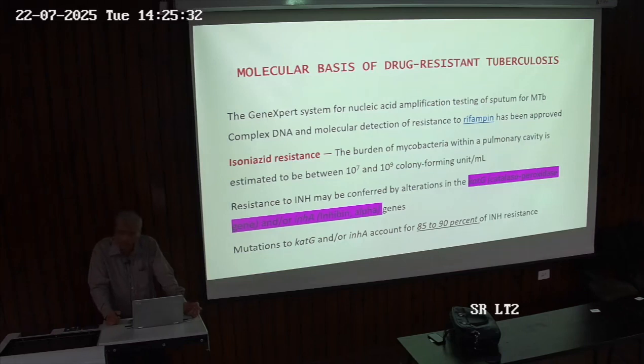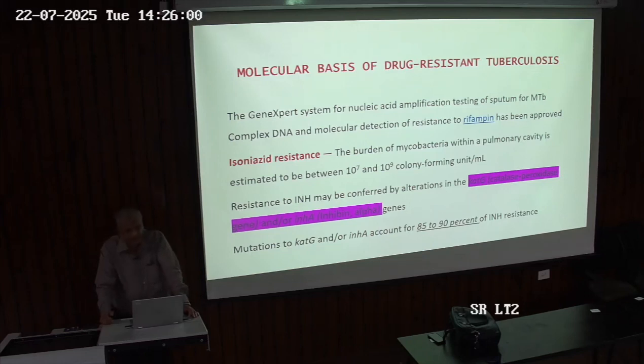So, this has led to discovery of rifampicin resistance, isoniazid resistance. The burden of mycobacteria within a pulmonary cavity is estimated to be between 10 to the power 7 and 10 to the power 9 colony forming units. So, this is the magnitude of infection in a cavity.